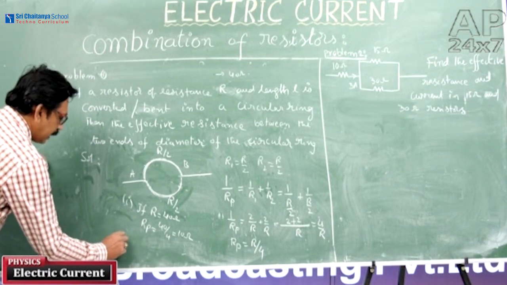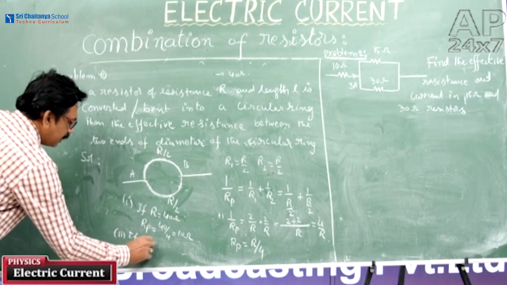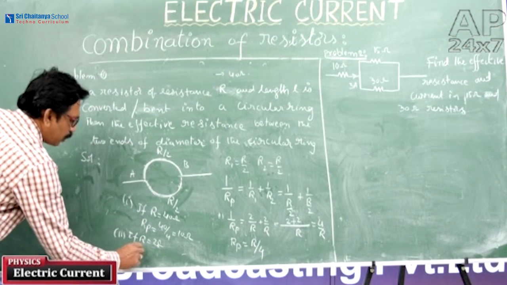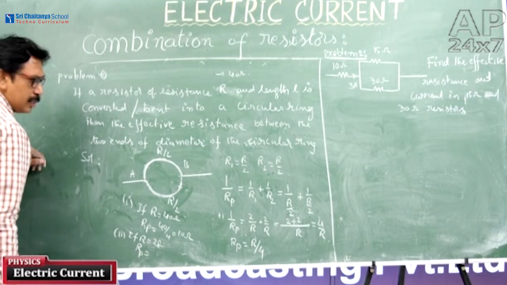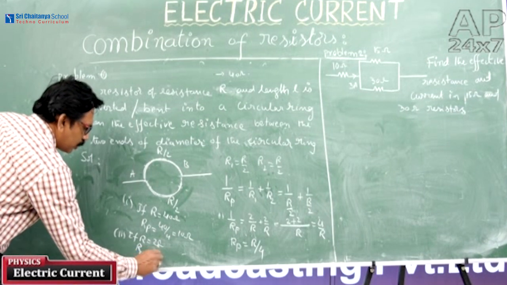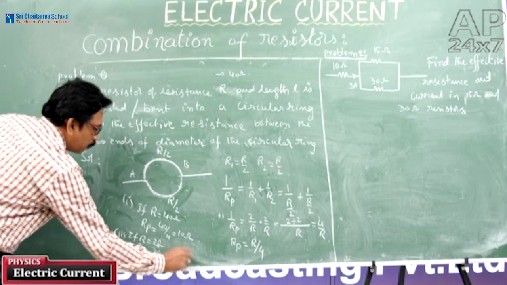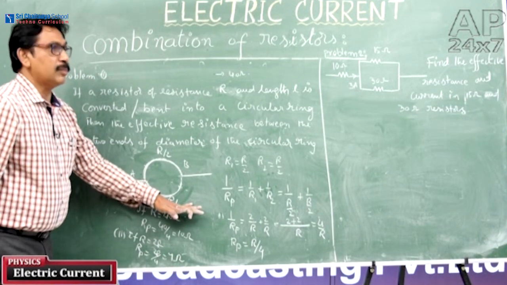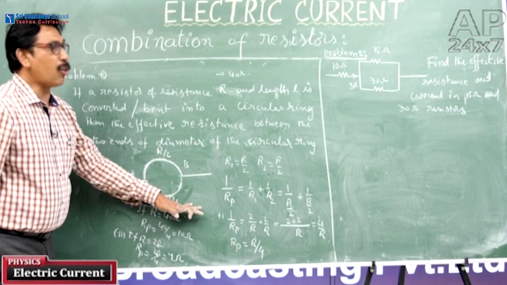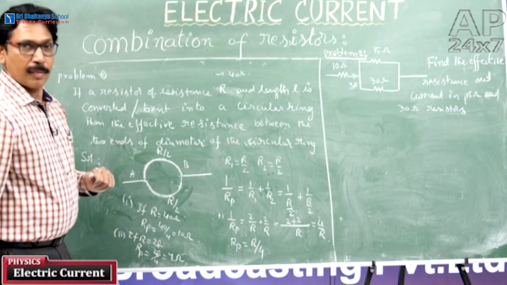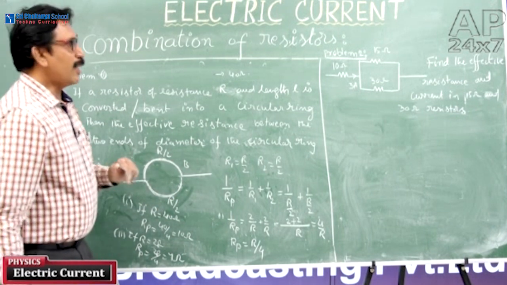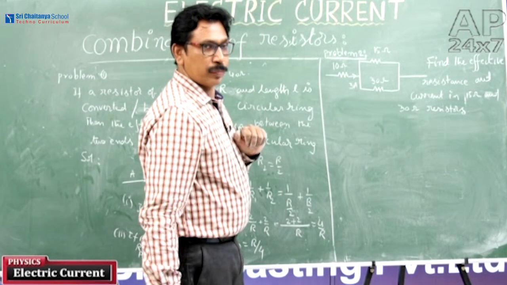Another problem, second one, if R is equal to 28, come on, say, what could be your answer? Rp is equal to 28 by 4, it is 7 ohms. It is a most important problem in all competitive examinations. Do you understand? Now let us go to problem number 2.